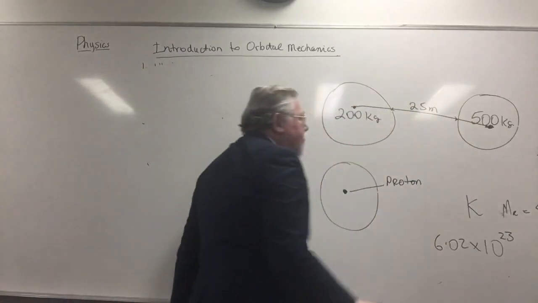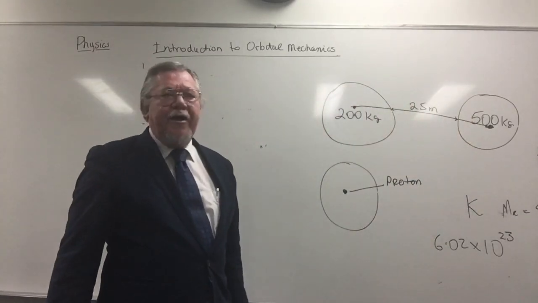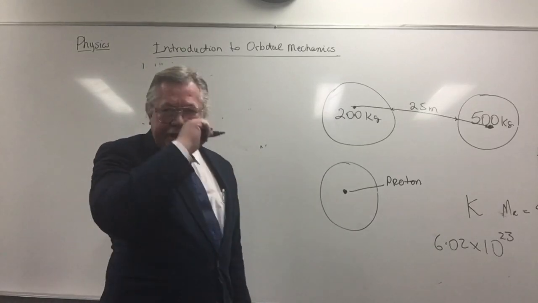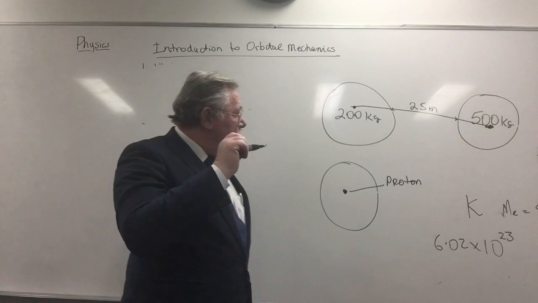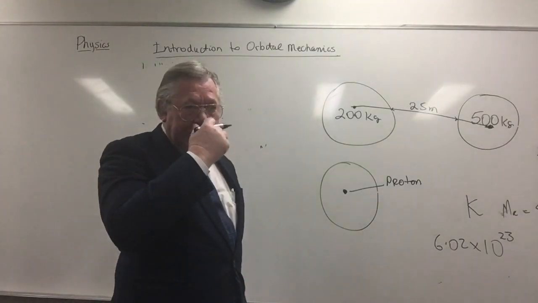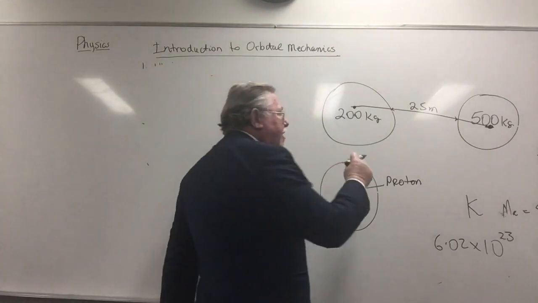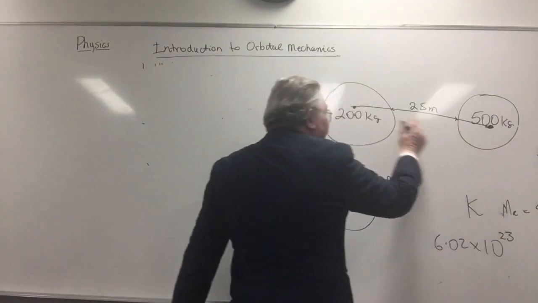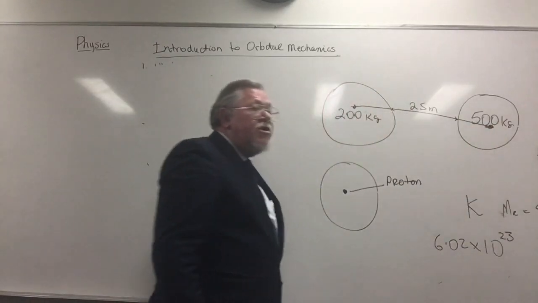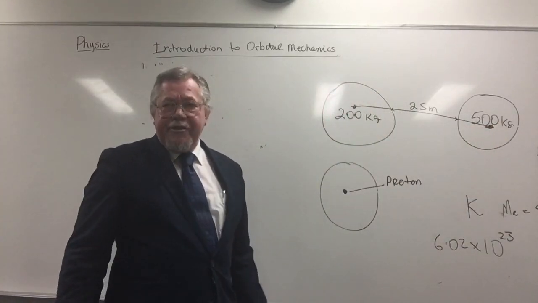So you have to take into account that the Earth has a radius. In this particular problem, you don't have to worry about the radius because they have given you the distance between the two centers.